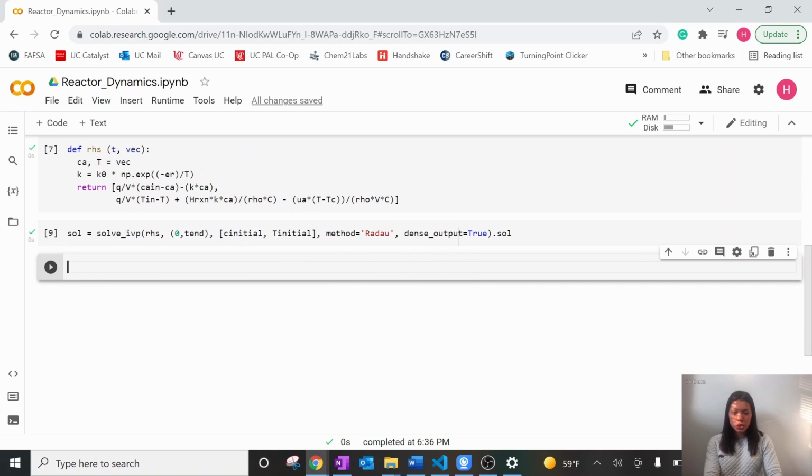And so now what we can do is begin plotting this simulation. The first thing we're going to do is create numbers for it to plot. So we want to create a series of time values that it will plug into this equation to find the concentration and the temperature. We're going to give it times for the plot, so t_plot, and we're going to use numpy linspace.